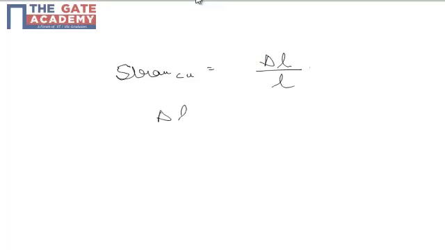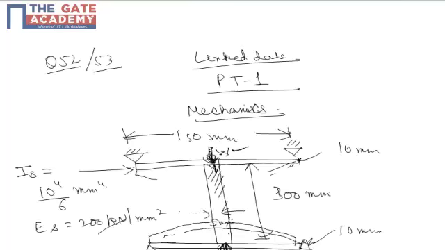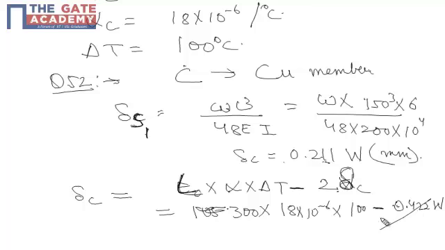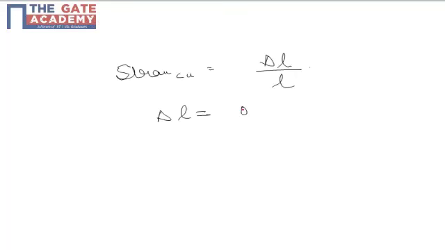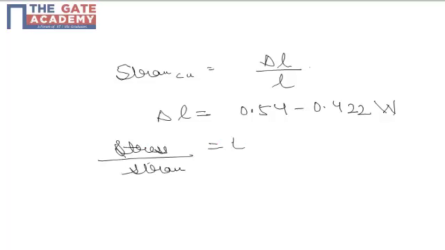Now we know that the strain in the copper bar will be delta L upon L. Delta L came out to be, from the previous expression, 0.54 minus 0.422 W. So upon simplification, stress upon strain is E_C.